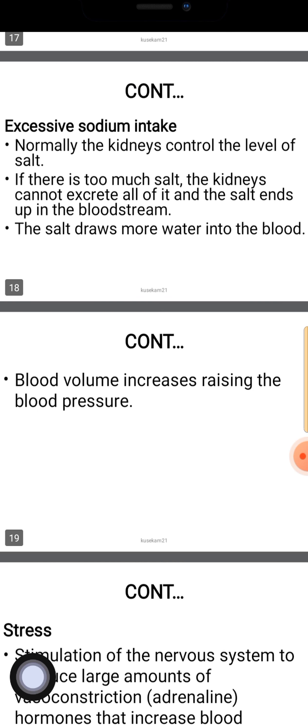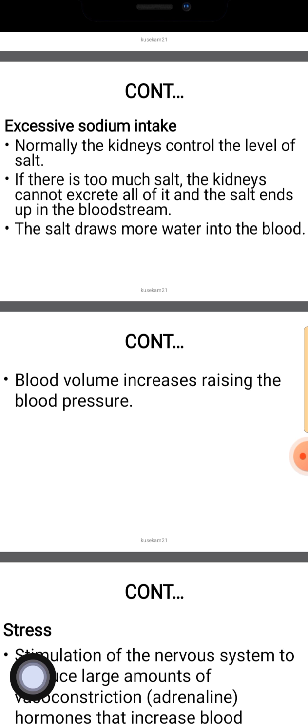Then excessive sodium intake. You know, salt attracts water. So if there is excessive intake of sodium, what will happen? It means salt will draw water, bringing fluids into the blood vessel, and there will be congestion in the blood vessel.